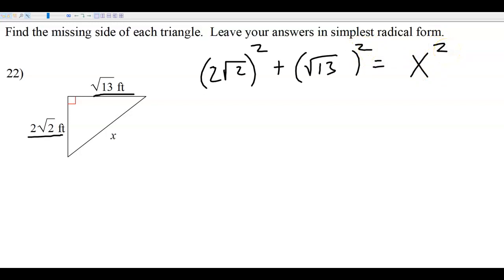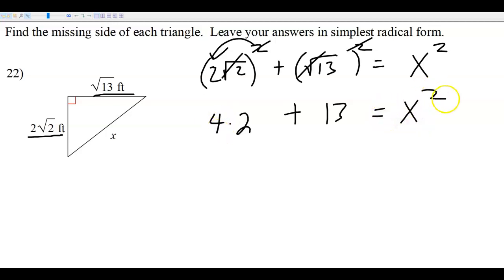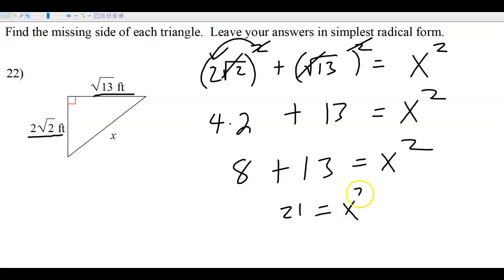Okay? Now, when you square a square root, they just cancel each other out, so you're just left with 13 there. On this one here, the square will cancel out that root, leaving us with 2, but it will square that 2. 2 to the second power is 4. So what we're left with here is 8 plus 13 is equal to x squared, which is 21 equals x squared. And then we just take a square root on both sides.